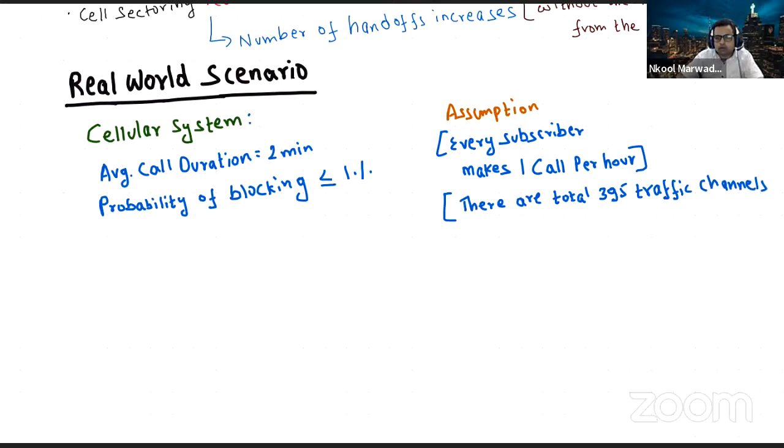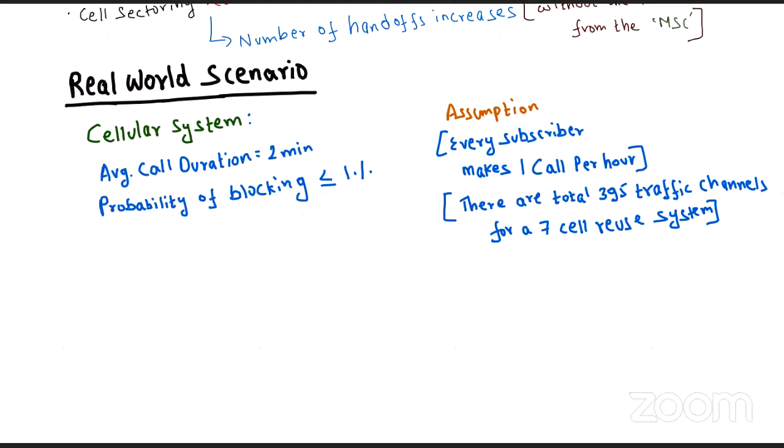For a 7-cell system. So in total, we have 395 traffic channels, and we are using a 7-cell reuse system.